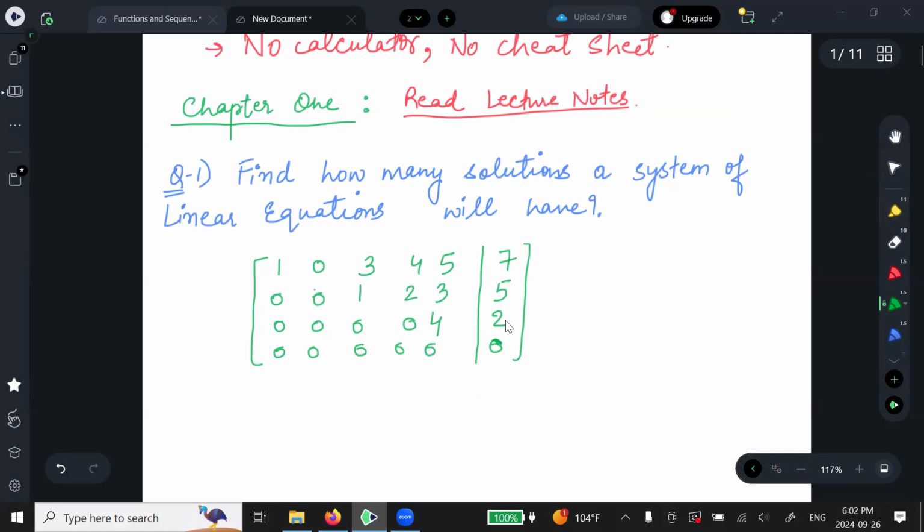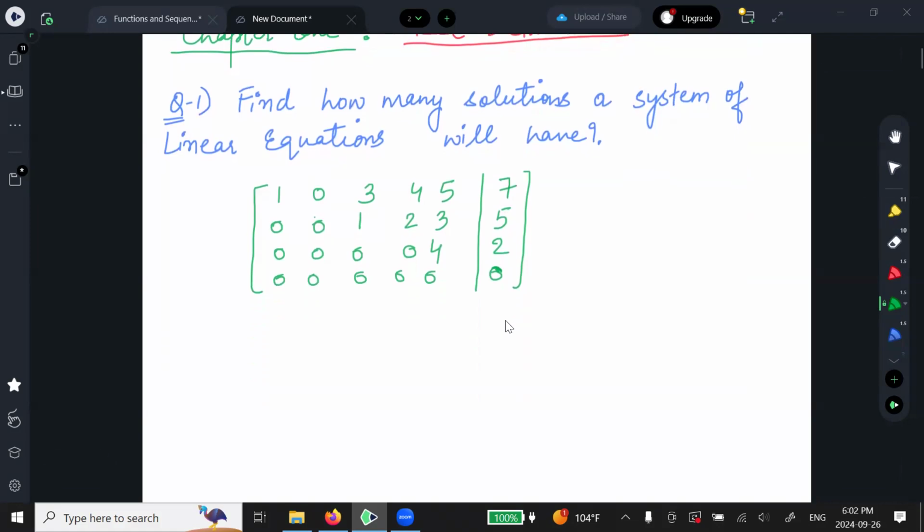I want you to find how many solutions this matrix will have. This is a system of linear equations. How many solutions? What are the concepts that you need to remember? What did you say? Infinitely? Yes, exactly. Recall, if your number of variables, I'll come back to this question.